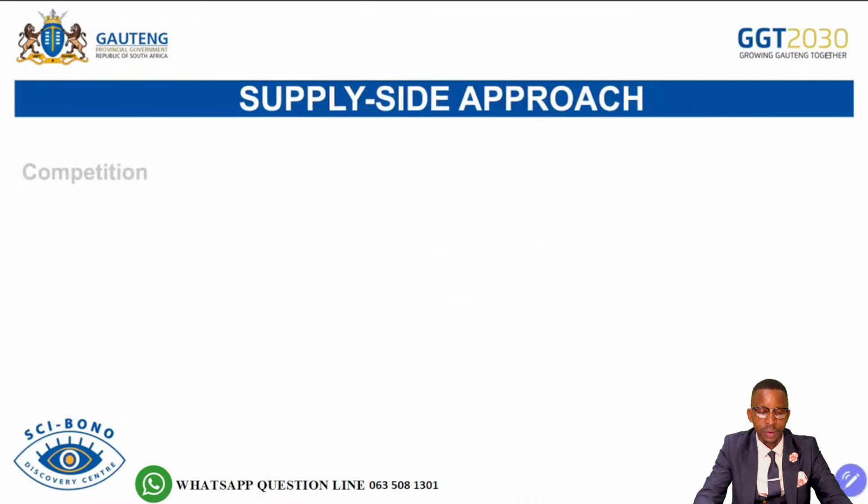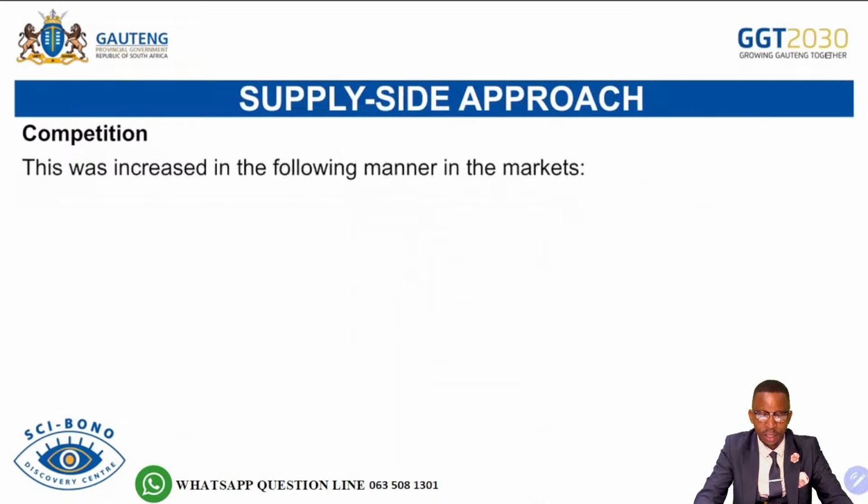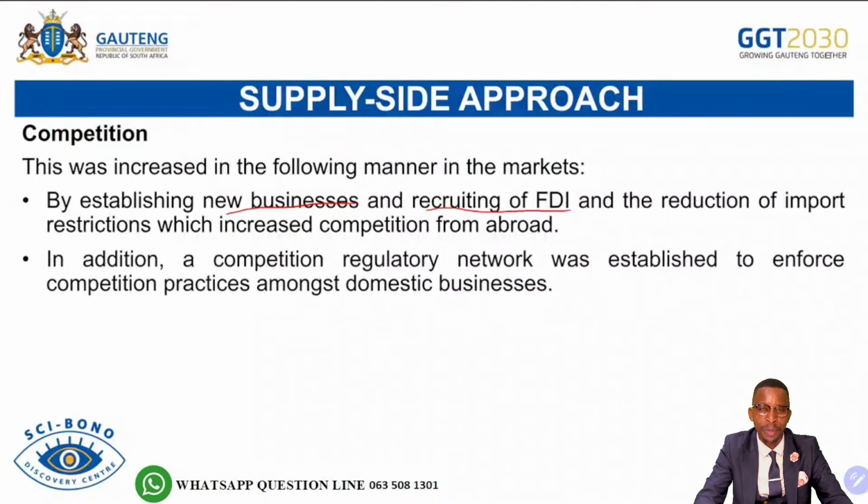We continue. The competition. This was increased in the following manner in the market: by establishing new businesses, recruiting FDIs, and reducing import restrictions, which increases the competition from abroad. Remember, competition can mainly be encouraged by implementing the Competition Policy Act that allows businesses to enter the market without other businesses abusing their power.